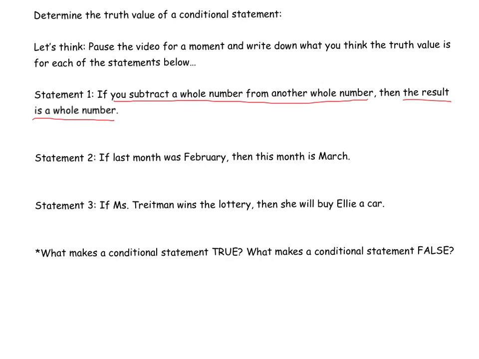Well, let's see. If I subtract a whole number from another whole number, well, let me just try. What about 7 minus 5? Well, that gives me a whole number. So I have met the hypothesis. The question is, did I get a whole number? Well, that one works. If I do 32 minus 18, yep, that'll still work. What if I do 18 minus 32?